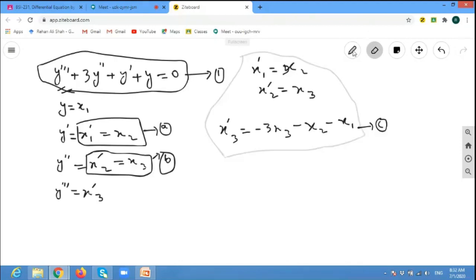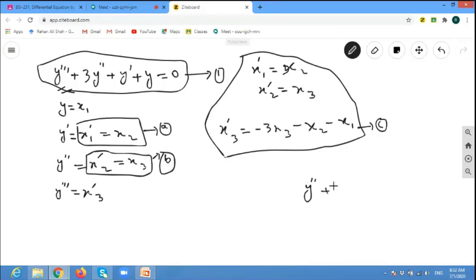So if we take another equation, suppose this is y double dash plus 2y dash plus y equal to 0. This is a second order differential equation. So how to convert this into a system of differential equations?